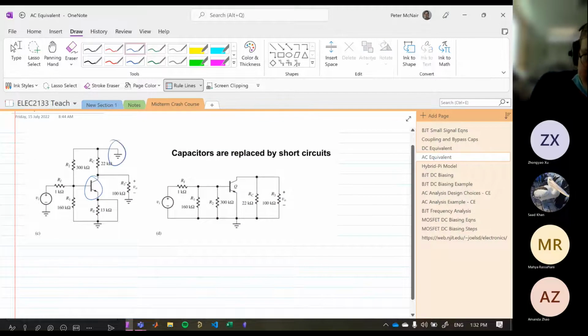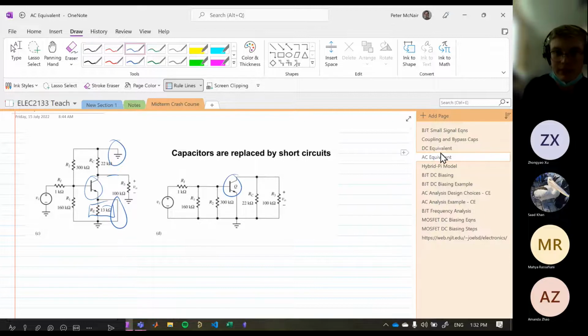You can see we've grounded our DC. We've short circuited all of our capacitors. A lot of the time, if you've got a bypass capacitor, that's essentially going to bypass RE. So it'll make our analysis a whole lot easier.